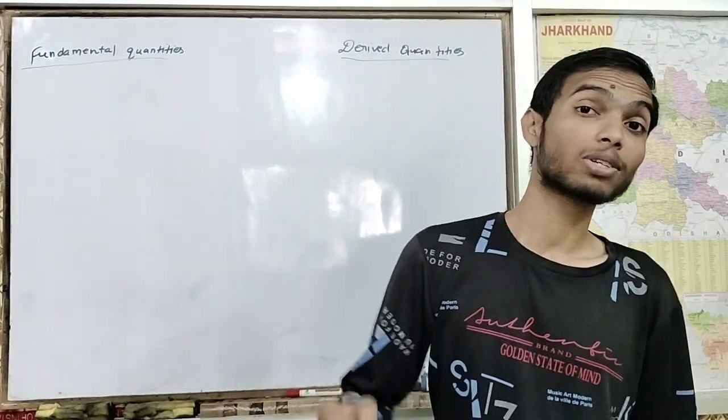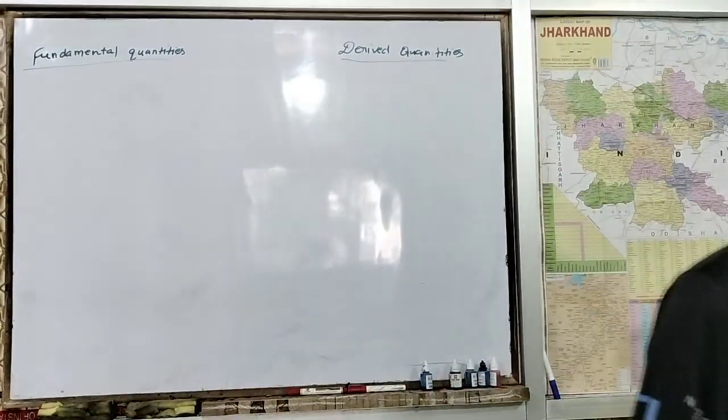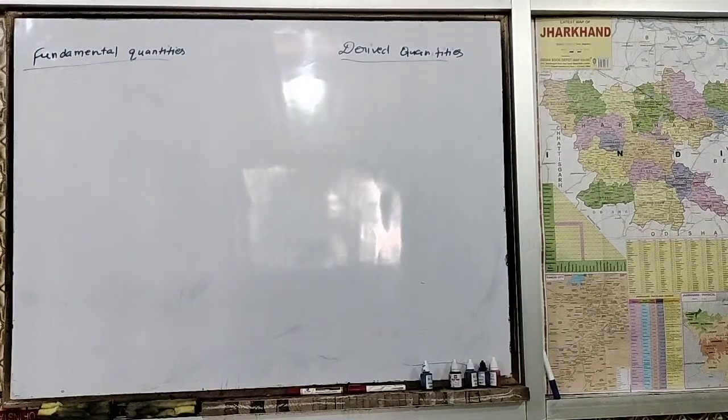Now I am going to write those seven physical quantities, and I know that most of you are familiar with a few of these fundamental quantities. Can you tell me the names of those fundamental quantities?